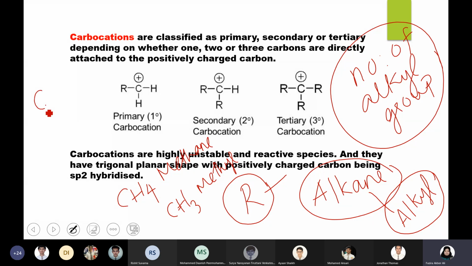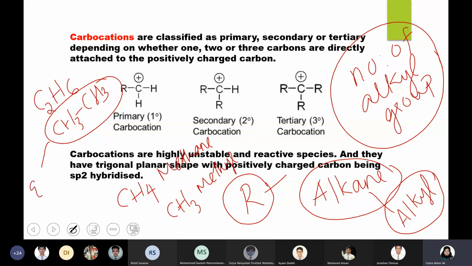So ethane is C2H6, which can be written as CH3CH3, that is how you write the structural formula. And when it converts into ethyl, its formula is C2H5, or you can write it as CH3CH2.